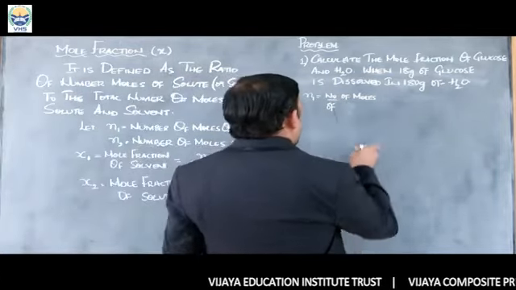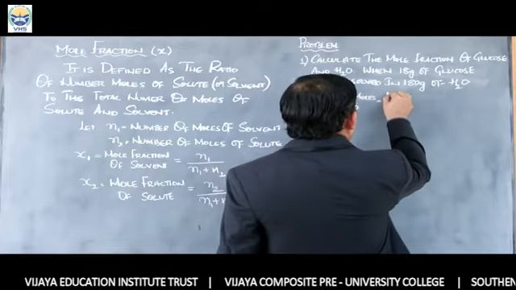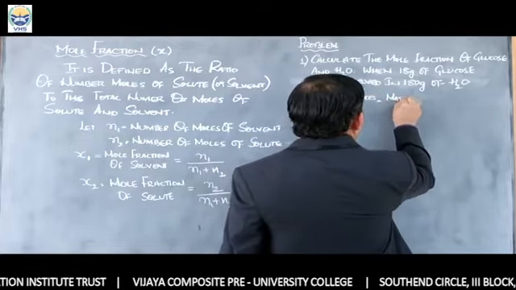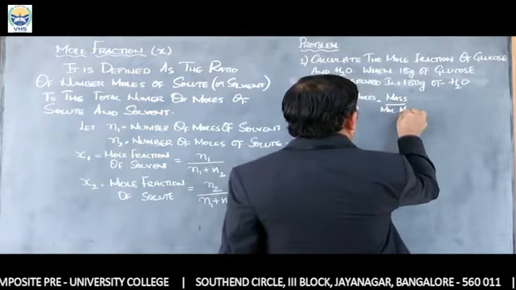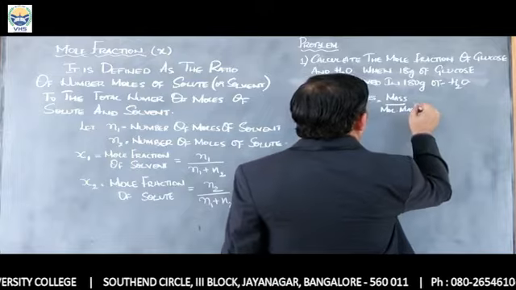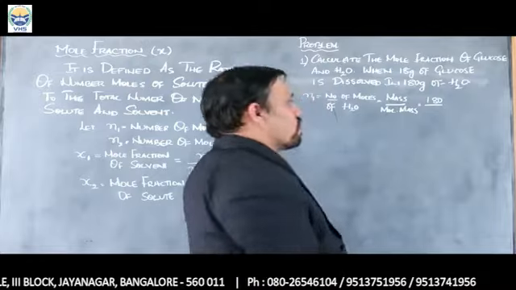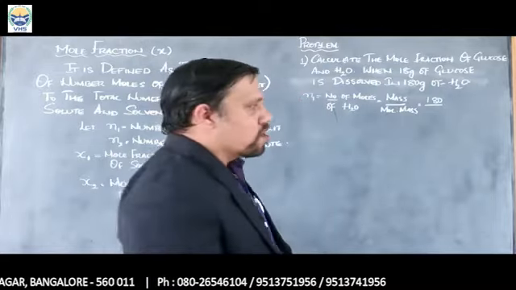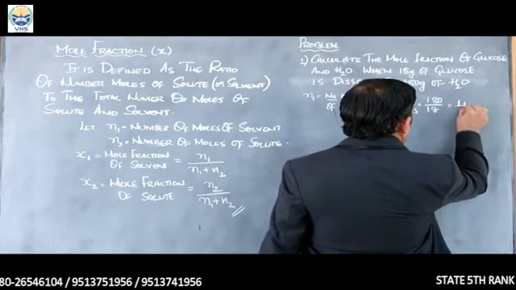Number of moles of water is equal to mass divided by molecular mass. Mass is 180, divided by the molecular mass of water, which is 18. So 180 divided by 18 is 10.